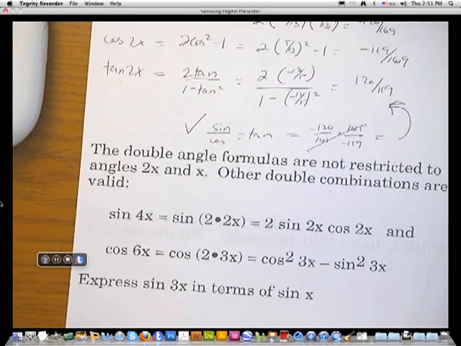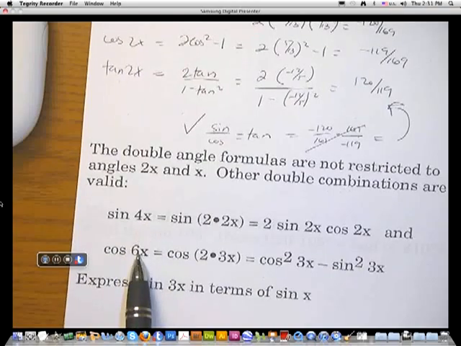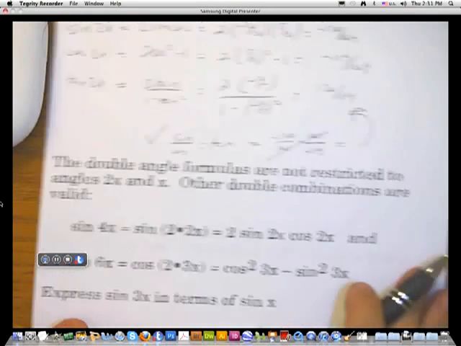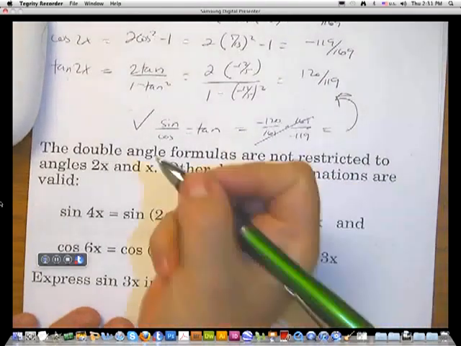The double angles are not restricted to 2x and x, meaning we could have 4x, we could have 6x, we could have them in multiple angles. Let me just show you something here.